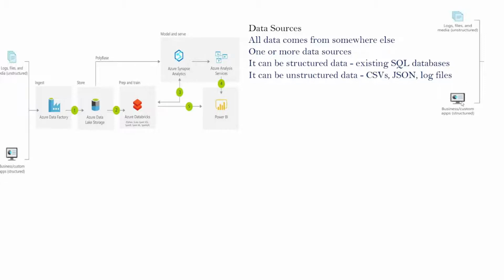Whatever data is not in my system, I am taking it from somewhere. Even if we are taking data from some other system where it is stored in a very structured way in a relational database, that is an outside source for me. So there we are calling it a data source.